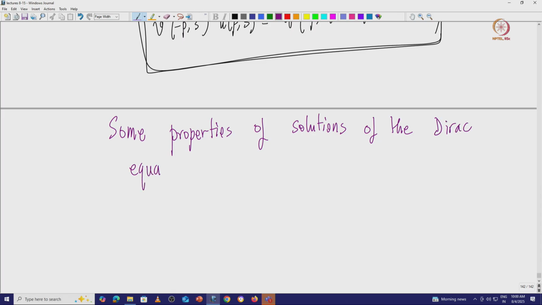This is all in momentum space, because this makes life easier for us. So we can re-express the solutions in this fashion: p slash minus m acting on u equals 0.